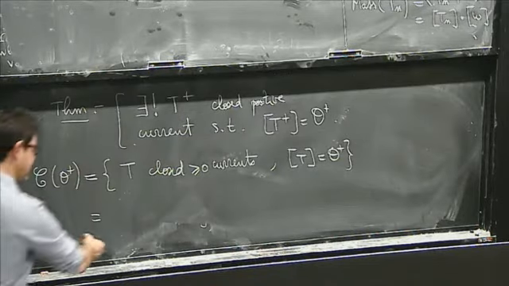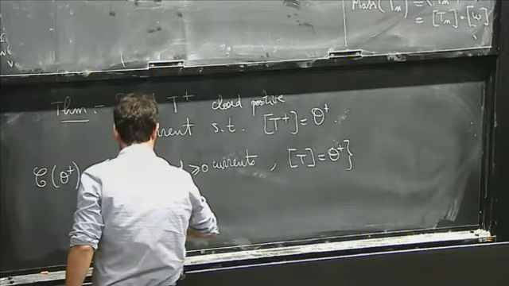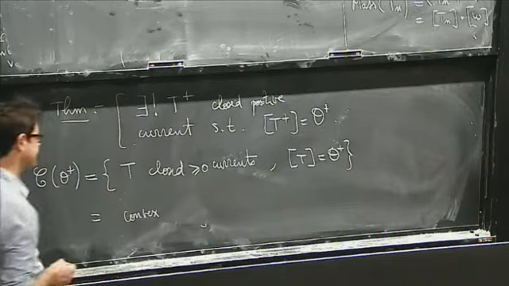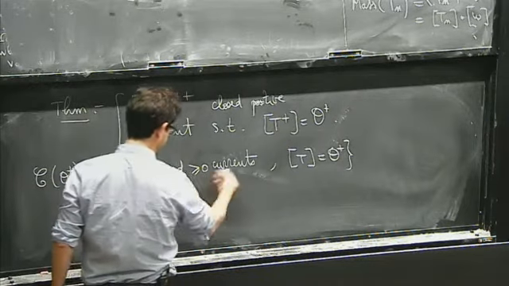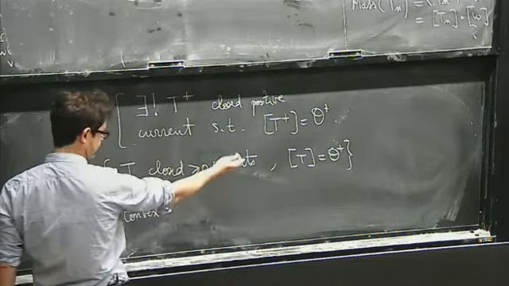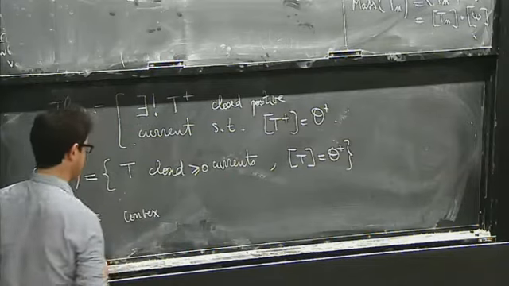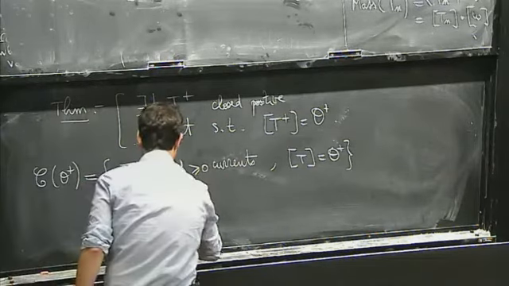Okay, so this set is convex, because if you take a convex combination of currents satisfying this assumption, it is stable under convex combination.